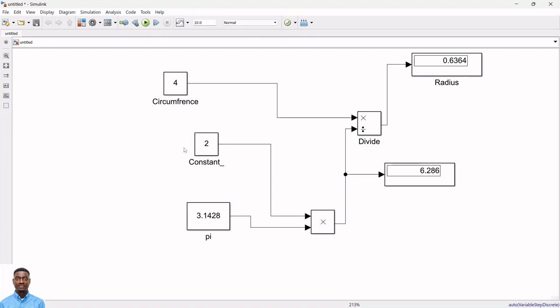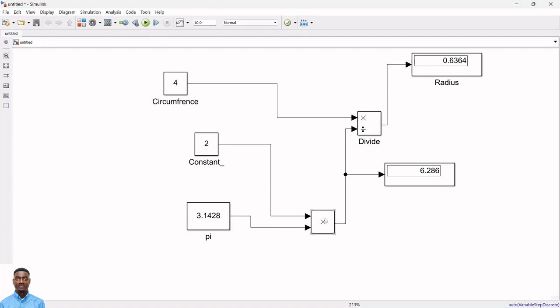So a block by itself is a processing element. It operates on input signal and parameters, whatever parameters that there is, and produces the output signal. If you look at this product block, it has 2 inputs from this constant block of 2 and this constant block of 3.1428.